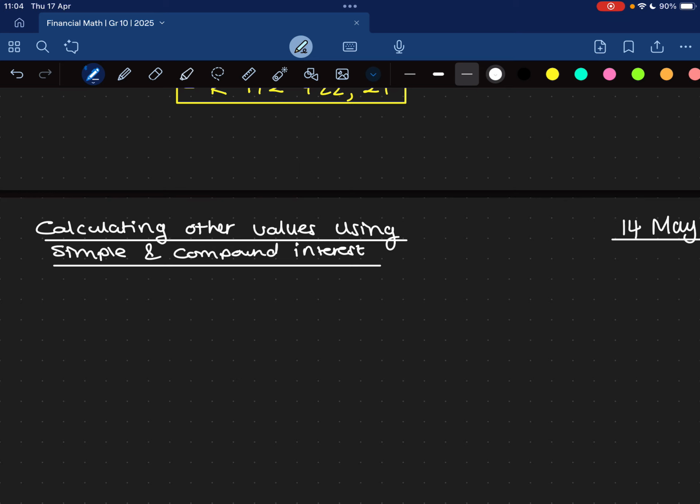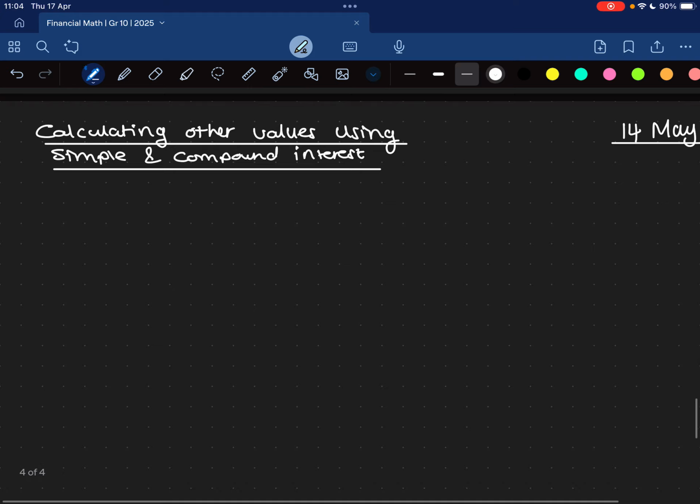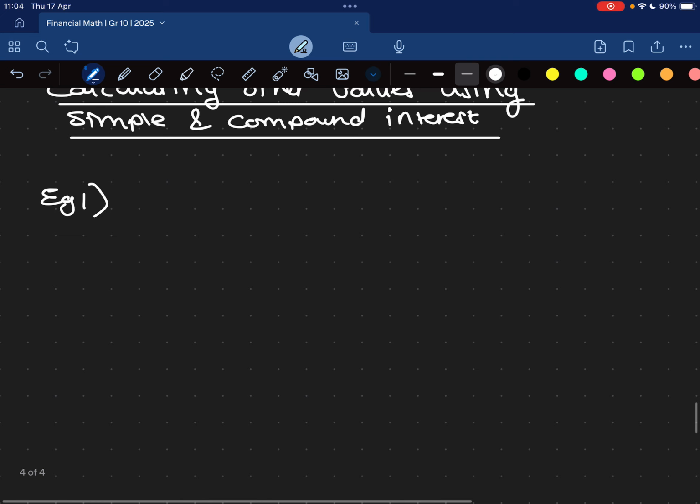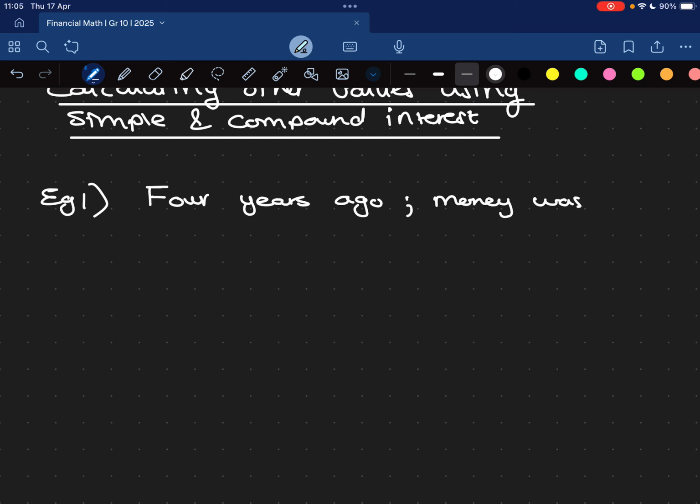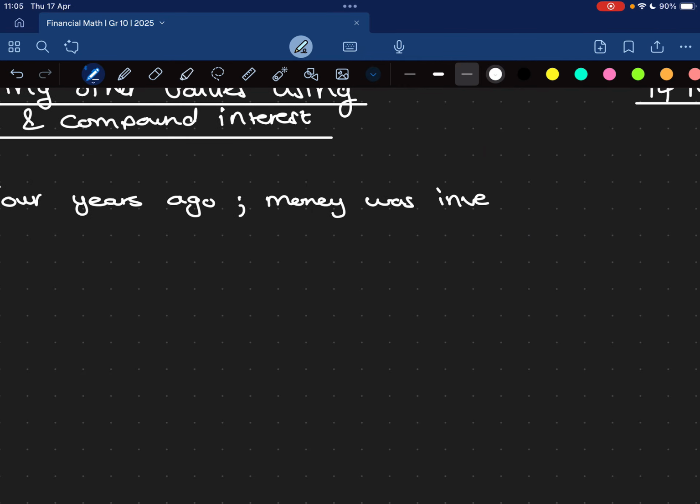Okay, so let's start with the first example. So we'll have a look at example 1. In this example, we're going to have: 4 years ago, money was invested into a bank.